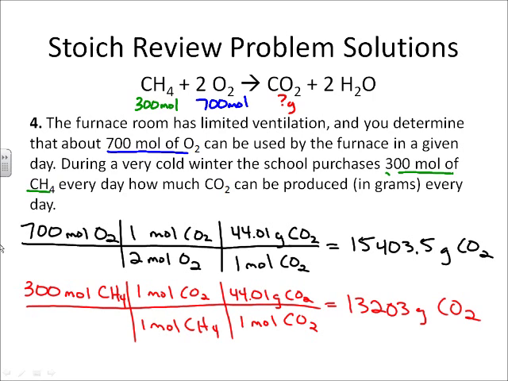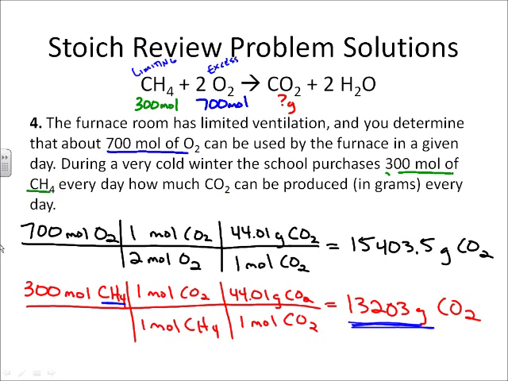So looking back at our problem here, it looks like the smaller quantity is being produced by the CH4. So this is going to be our limiting reactant, and the oxygen is going to be our excess. Which, I guess for our school is a good thing, because if we're buying more methane than we can actually burn because of oxygen, then that's not financially very smart.